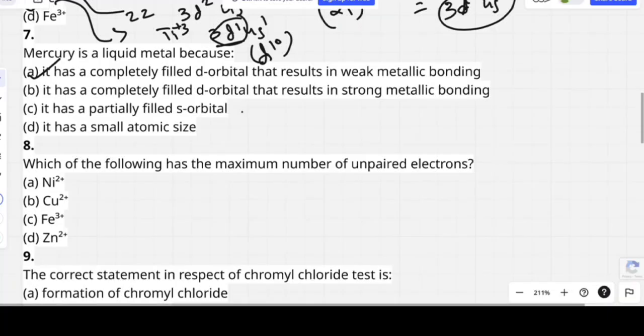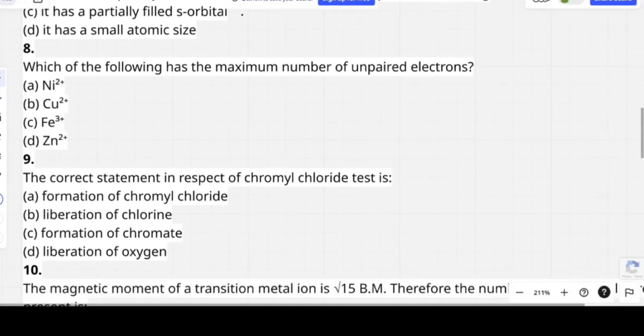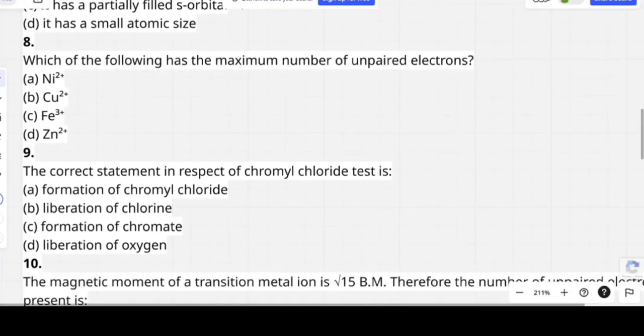Next I move to question number 8. Which of the following has the maximum number of unpaired electrons? As I already explained, to calculate this, I move to nickel. The atomic number of nickel is 28. It has configuration 3d8 4s2.